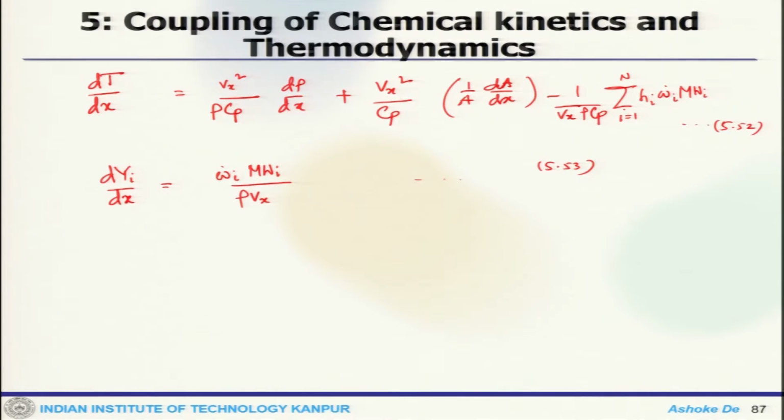What you can note in this particular equation is that q double prime has been set to 0 for simplification.